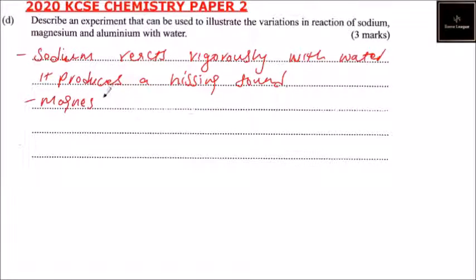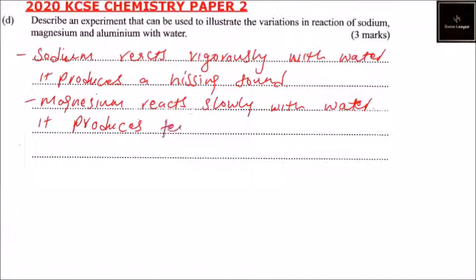Magnesium reacts slowly with water. It produces few bubbles. Then we have aluminium.